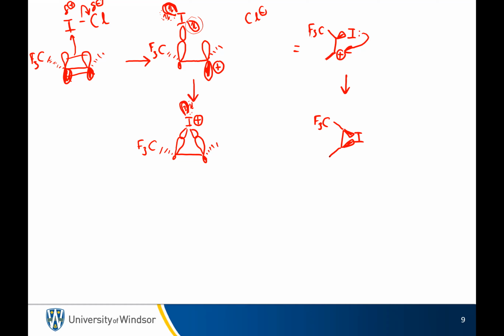And now the iodine is kind of making a bond to both of those, and it is formally positively charged. Now, if we think about that, and we compare those two structures, it's better to have the positive charge on the iodine because everybody has their full octet. These aren't resonance structures. We've moved atoms.